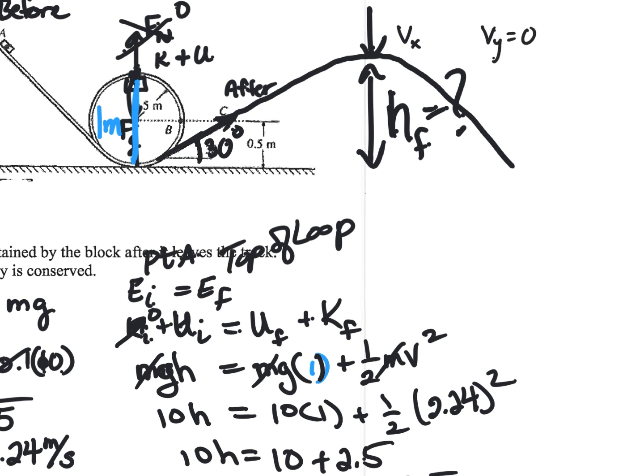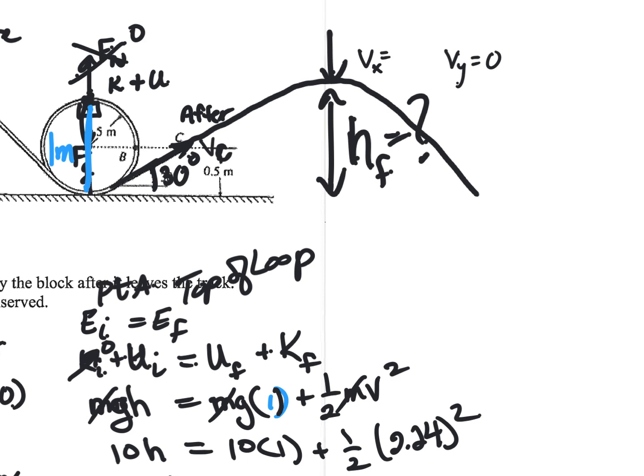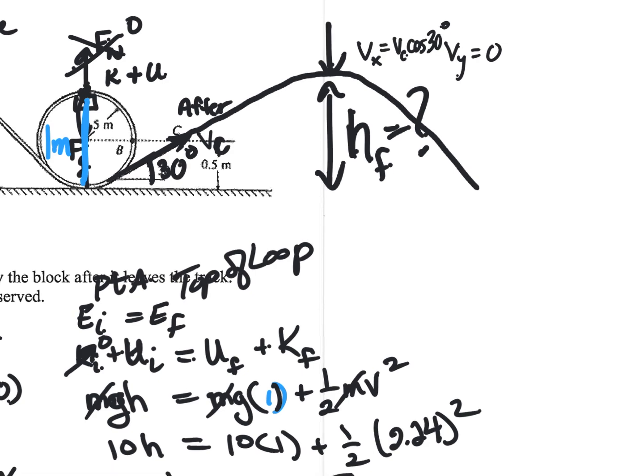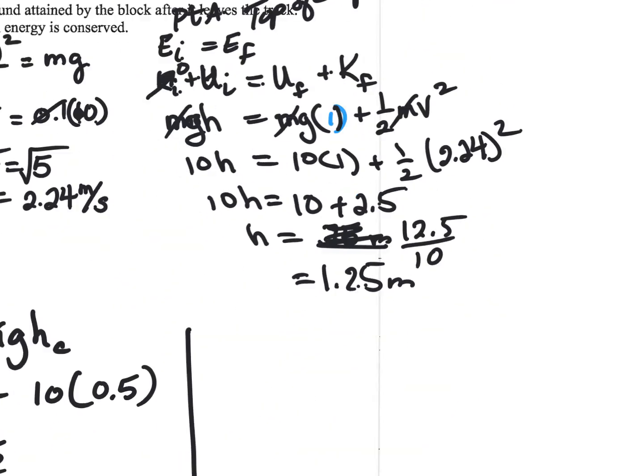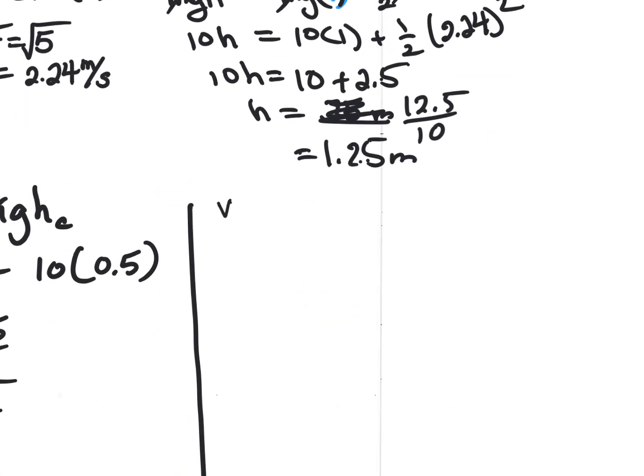So we need to find the velocity in the x direction, which is going to be this velocity v sub c times the x component, which will be v sub c cosine of 30 degrees. So we know that. So velocity in the x direction, this is our final spot, is going to be v sub c cosine 30 degrees.